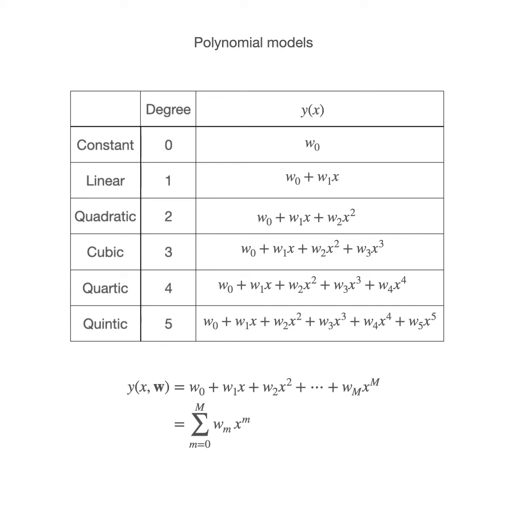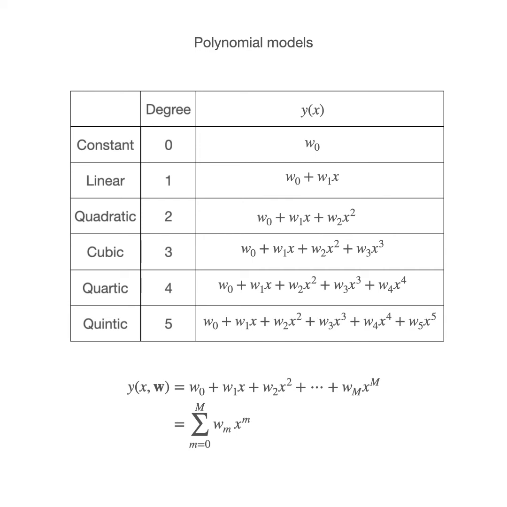The sum of the polynomial model expression always starts with 0, and the number of terms in the expression is always 1 more than the degree of the polynomial. So for the polynomial of degree m, you have m plus 1 coefficients.